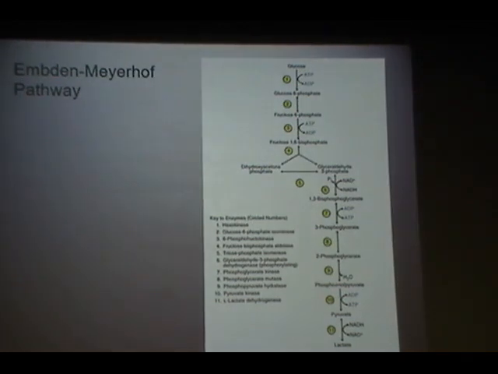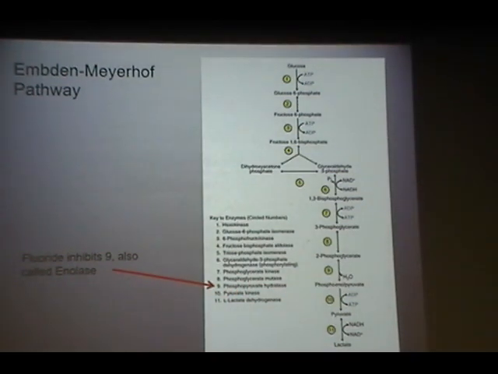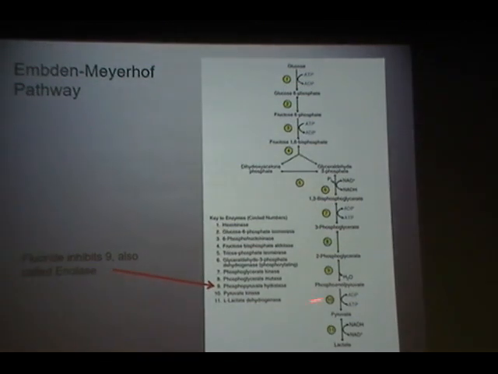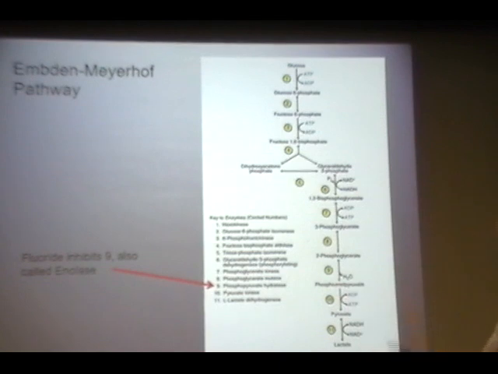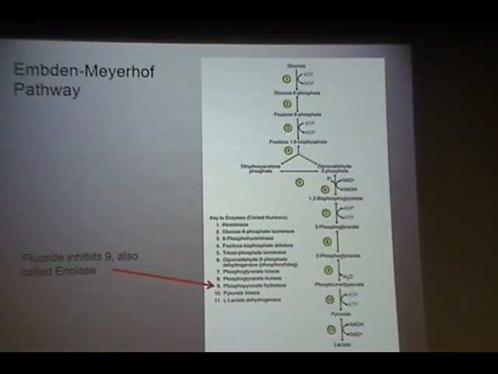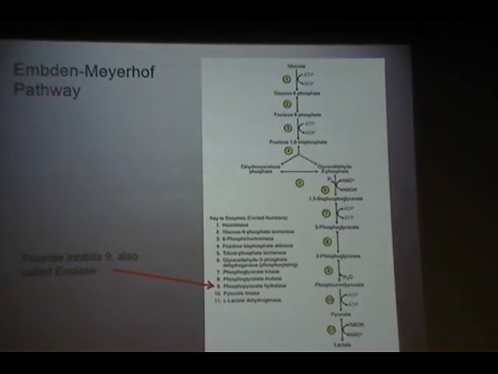But very importantly, this is really, really important, fluoride can inhibit number 9, called enolase, phosphopyruvate hydratase, which will convert this thing into pyruvic acid. So you will get the inhibition of this particular enzyme before it becomes lactic acid. So fluoride can effectively reduce lactic acid production in these organisms. Very important take-home message. All right? Very, very, very important take-home message.